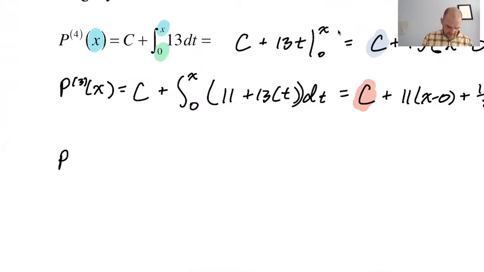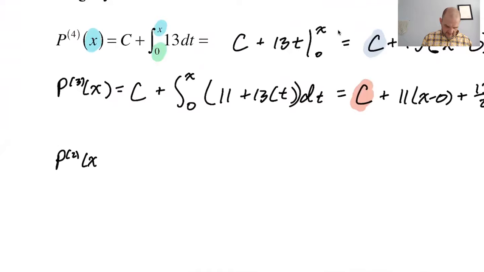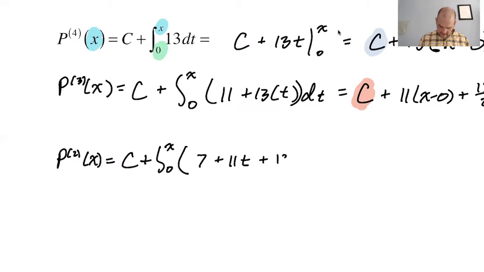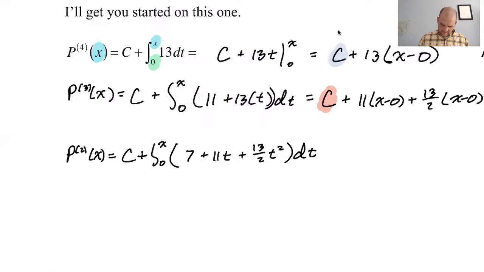So P2 of x is going to be C plus the integral from 0 to x of the quantity 7 plus 11 t plus 13 over 2 t squared, and then dt.